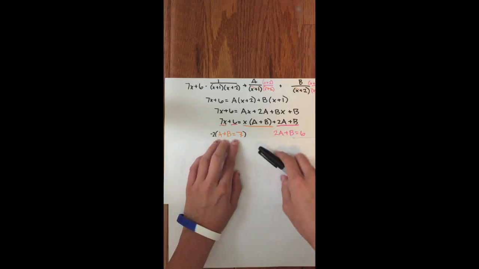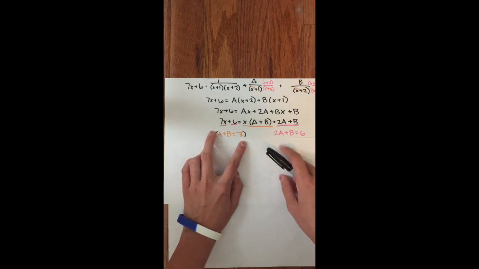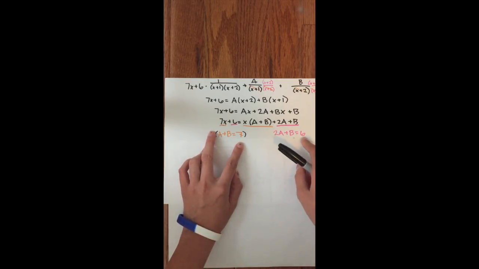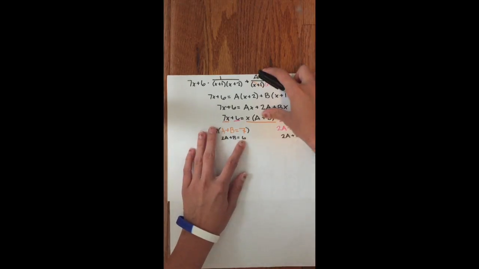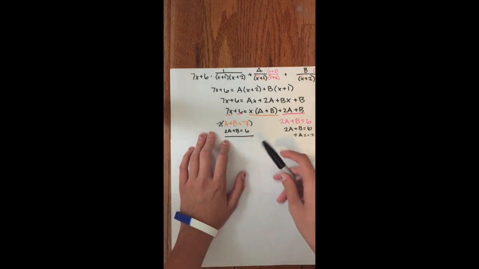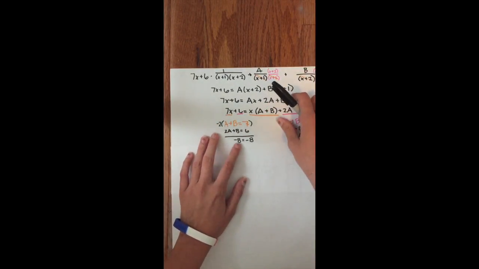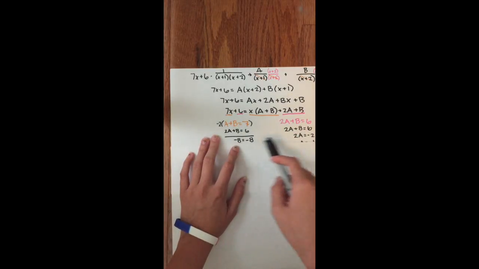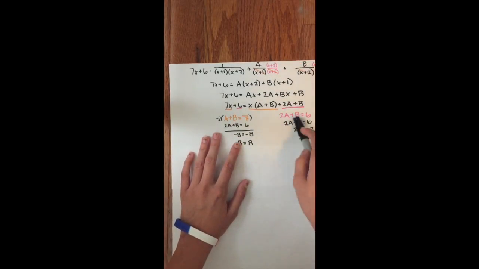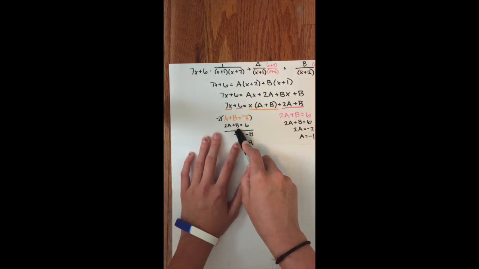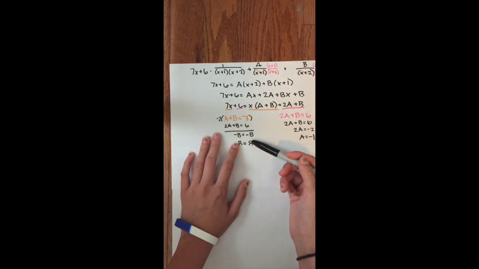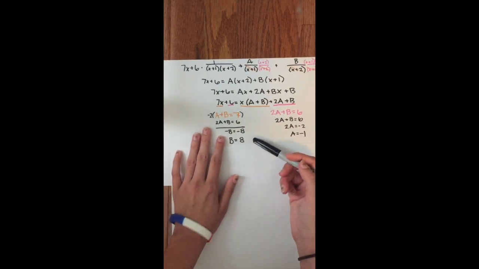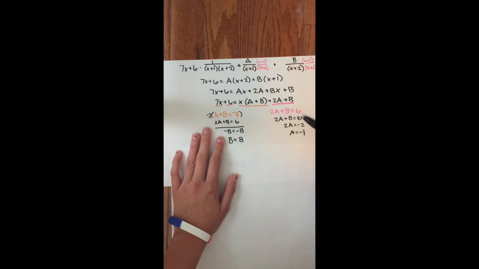So if you make two equations, A plus B equals 7 and 2A plus B equals 6, you can use this to form a system of equations and solve for B and A. So I solved and got B equals 8, then plugged it back into the other equation and got A equals negative 1.